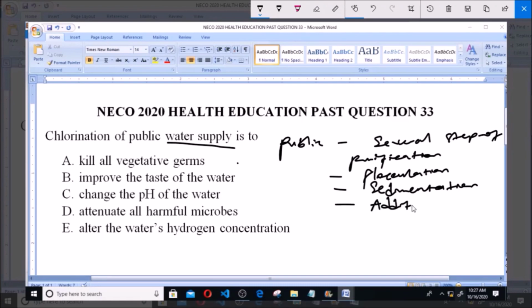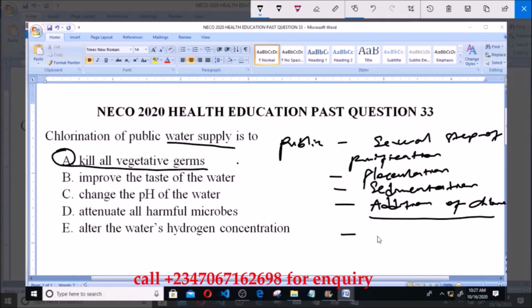Now the main aim of addition of chlorine, which is chlorination of public water, is to kill germs, vegetative germs, which is option A. After this chlorination, the next step is the regulation of the pH of the water by adding calcium oxide.